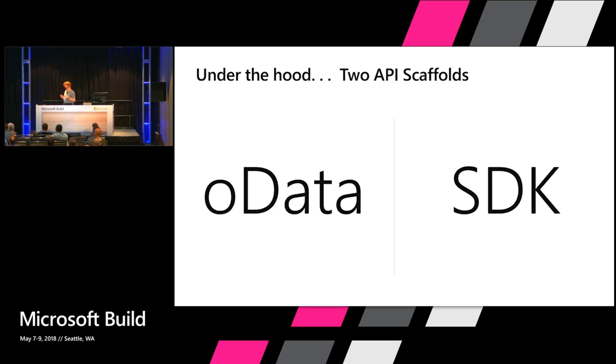One is just a good old OData v4 endpoint, which you can consume via any OData client. The other one is a SOAP endpoint that is used by the CRM or XRM, if we go back in time, SDK, okay? And so you can use either one. I have demos of both. And we'll take a look at what this might look like.